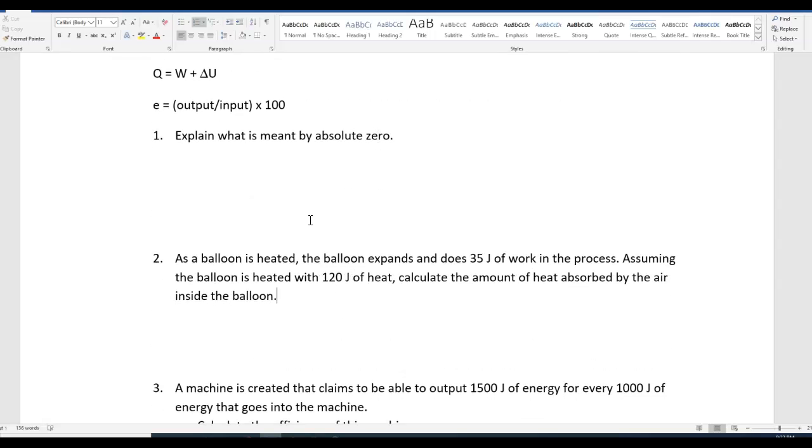Okay, now question 2 says, as a balloon is heated, the balloon expands and does 35 joules of work in the process. Okay, so like normal, you need to make sure that you identify your givens as you go through. Assuming the balloon is heated with 120 joules of heat, calculate the amount of heat absorbed by the gas, or absorbed by the air inside the balloon.